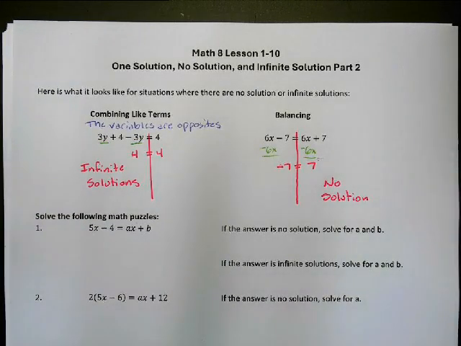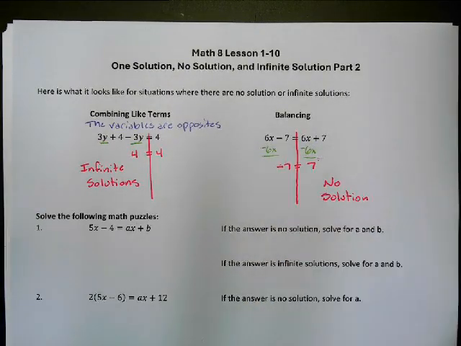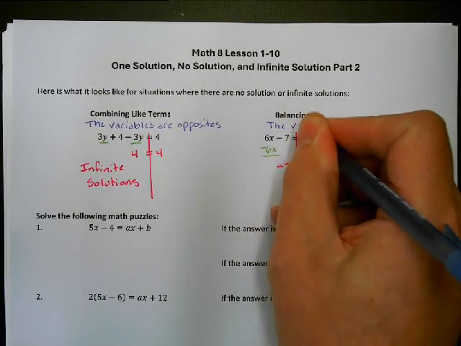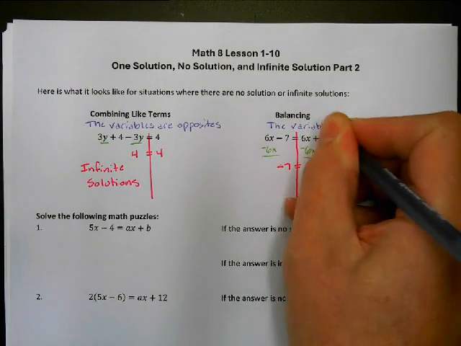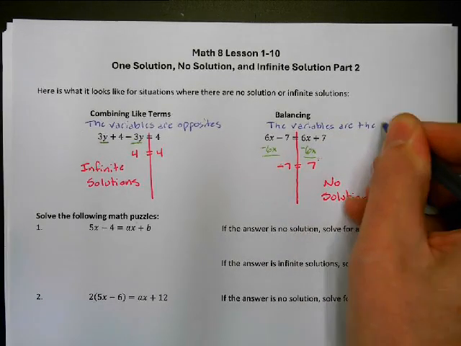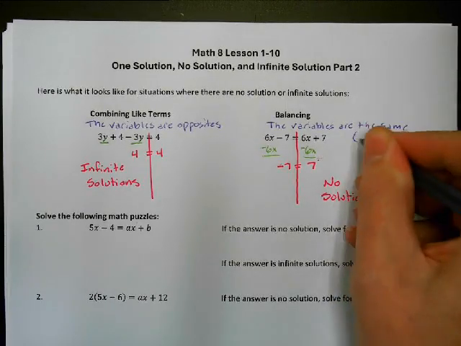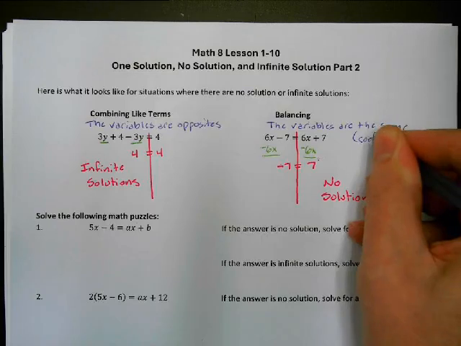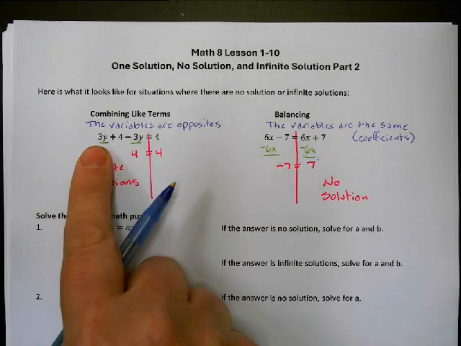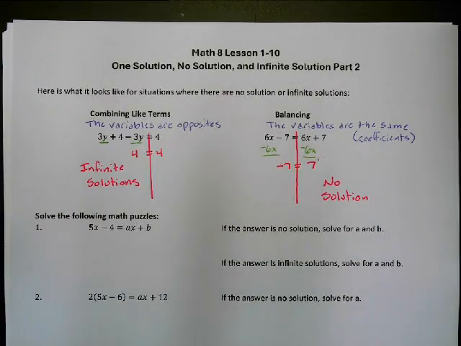So when we're balancing, we're going to look for the variables having the same coefficient on both sides. And when I say the variables are the same, I'm really talking about the coefficients of the variables, the numbers out front. So here, the coefficients were opposites of each other, and that's why the variables went away.